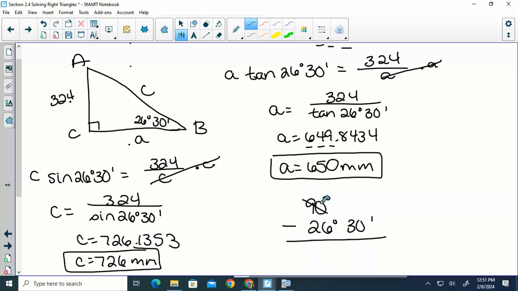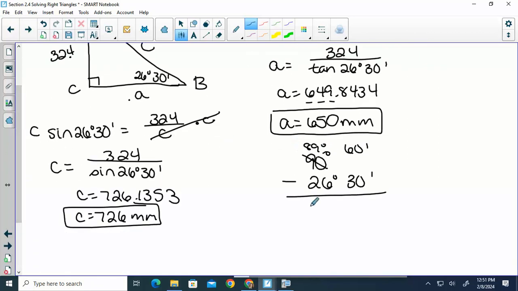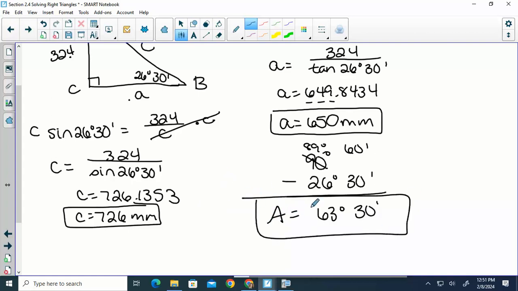Okay, so this would be 89 degrees, 60 minutes. So 89 minus 26, and 60 minus 30. And that was angle A. Any questions on that?